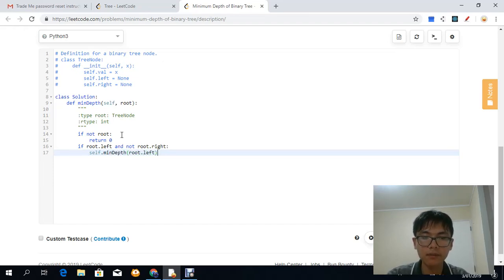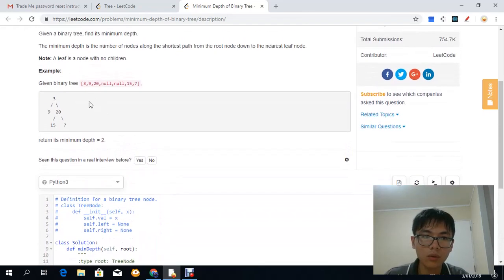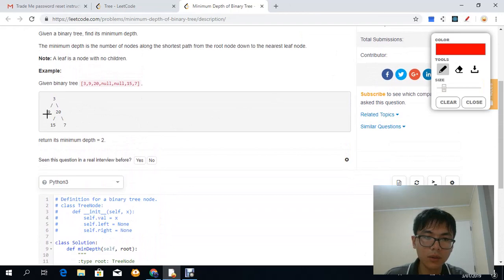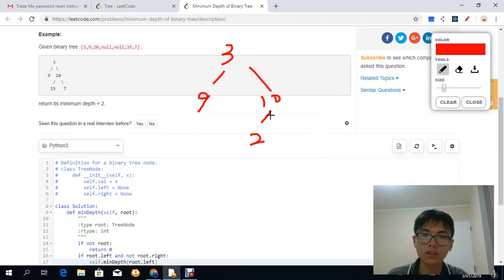on the left side. For example, here, this is not a good example. So let's make an example. For example, 3, 9, and 10, and 2, then it's finished. So it goes to here, then finds out the left side exists, but the right side doesn't exist.